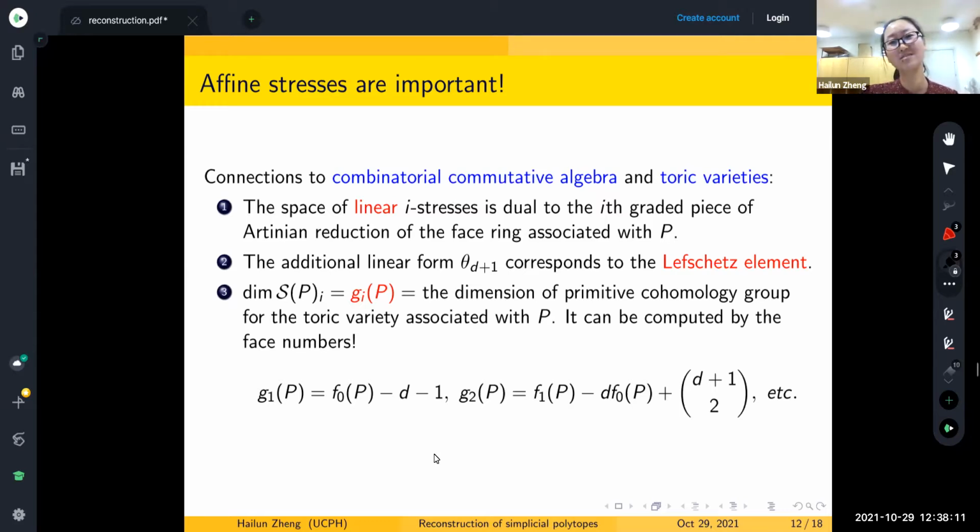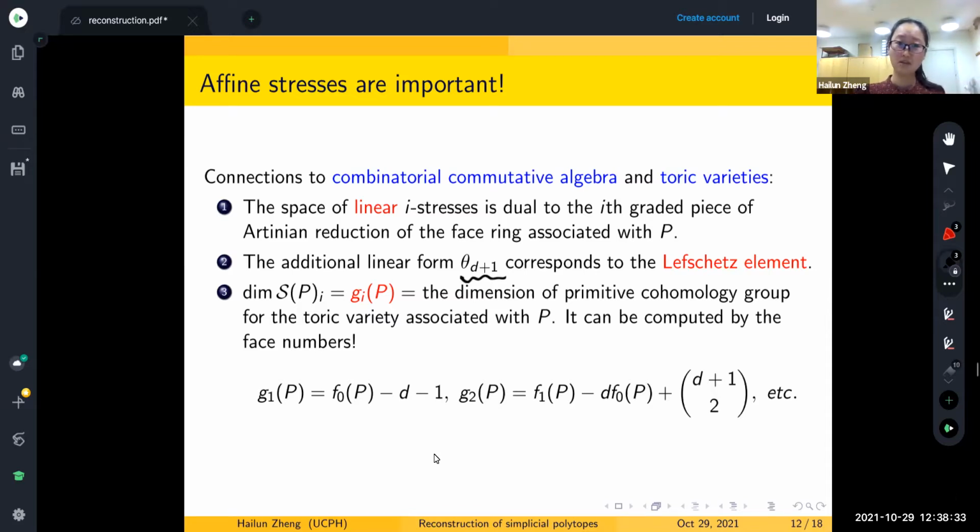And this space is dual to the degree 2 piece of the Artinian reduction of the face ring, okay? And the second one, I think I also mentioned: the theta d plus 1 is really the Lefschetz element. Okay, so if you know the background of the story, you see what I'm talking about.